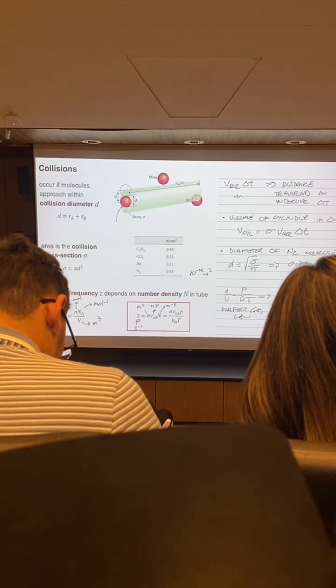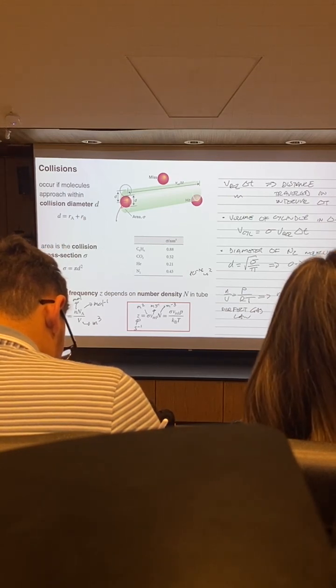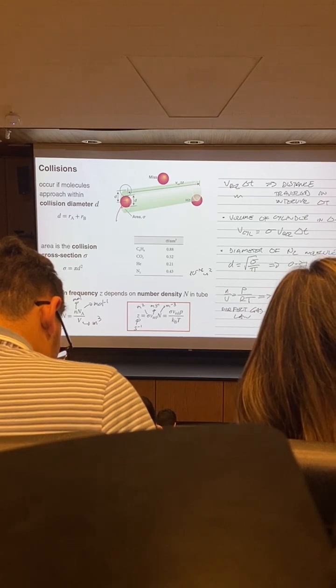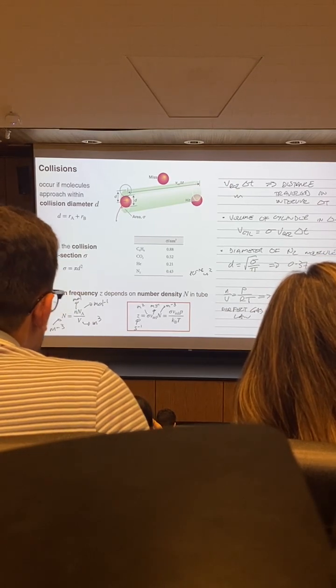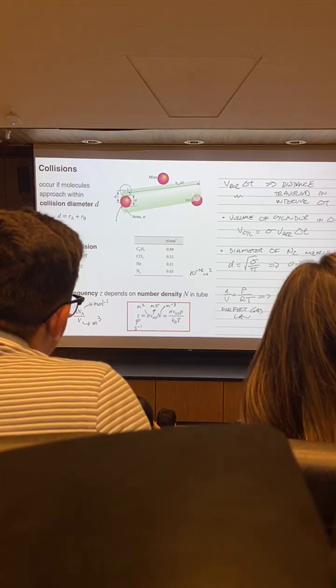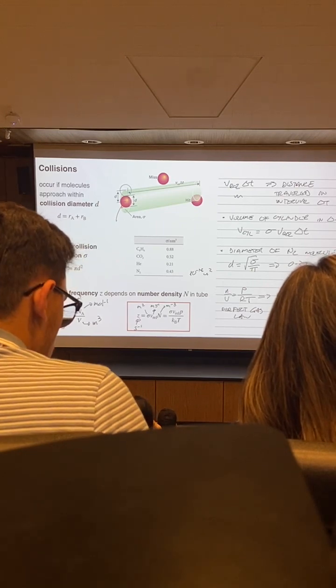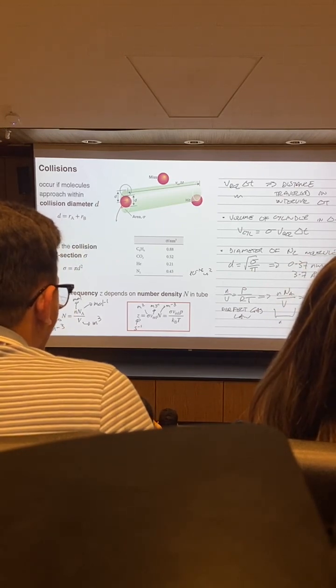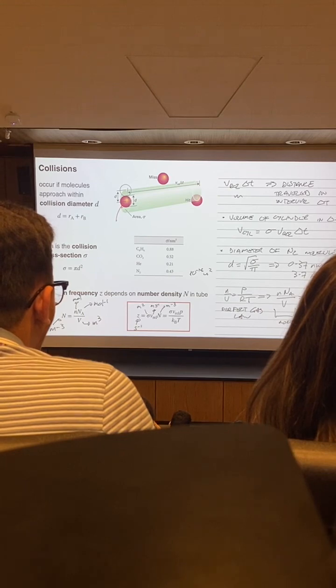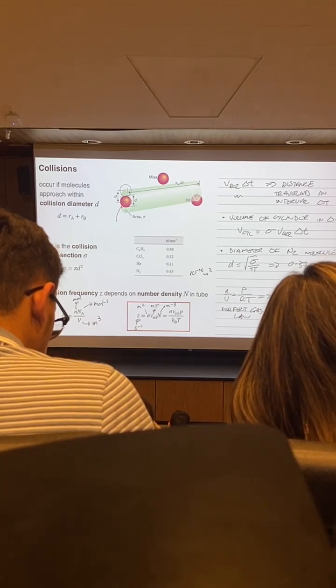That gives me the number density on the left-hand side, n, the number of moles times Avogadro's, divided by the volume, which equals the pressure divided by the Boltzmann constant times the temperature. And this is the number density in molecules then per cubic meter.